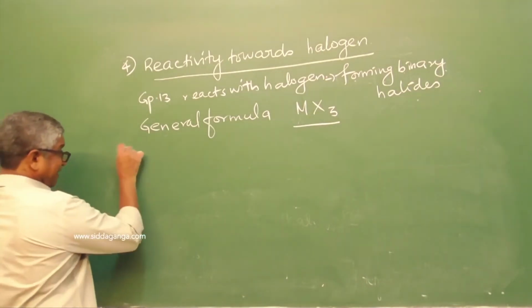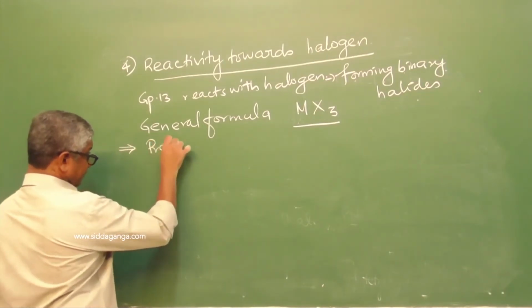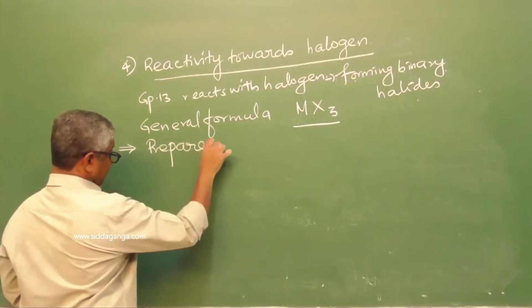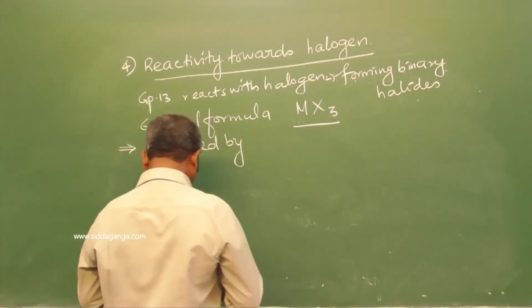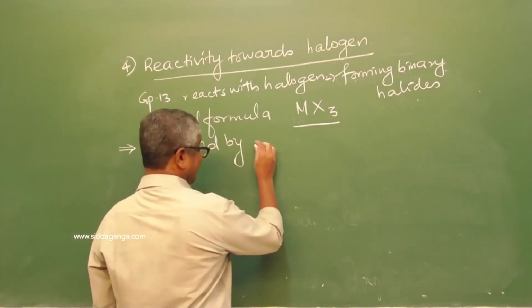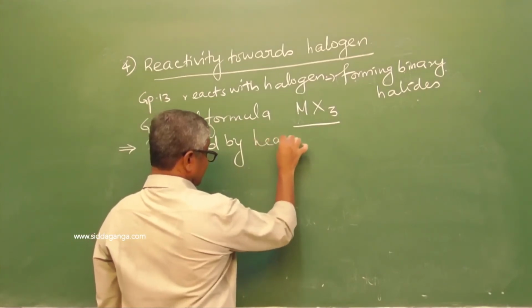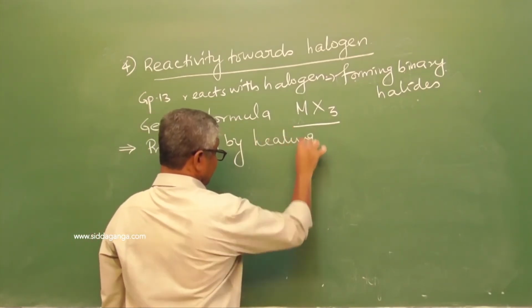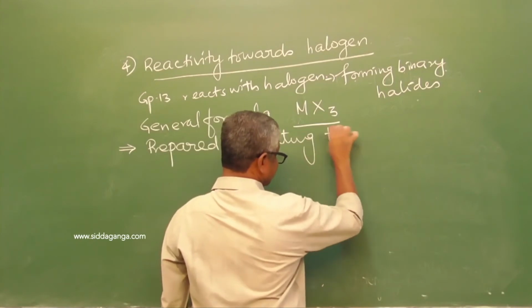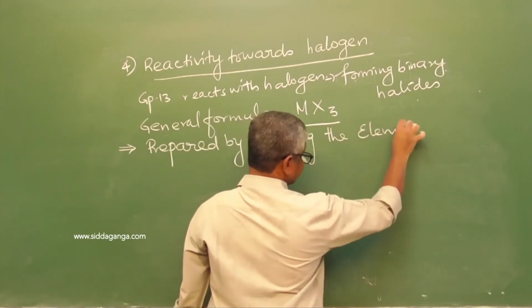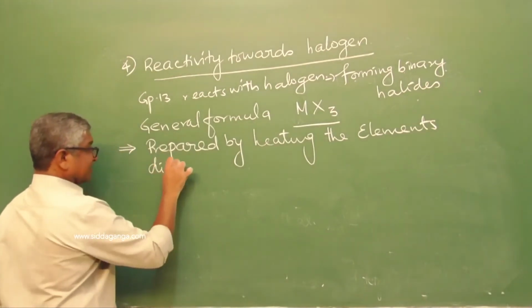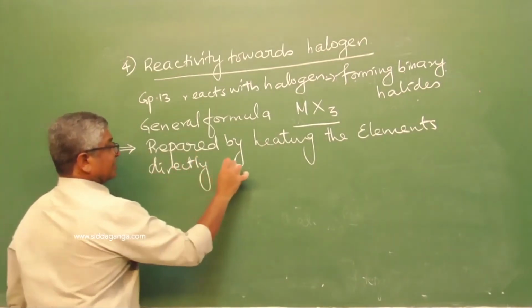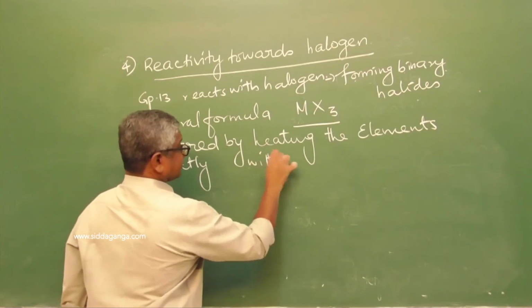It is prepared by heating the elements directly with the halogen.